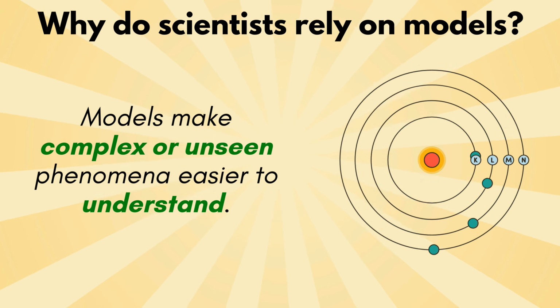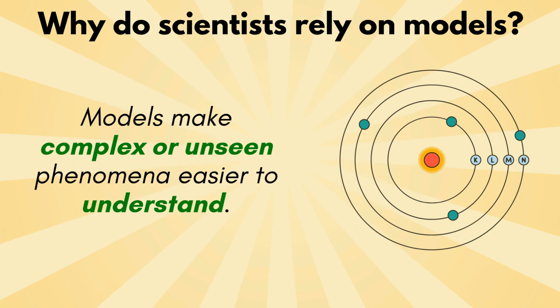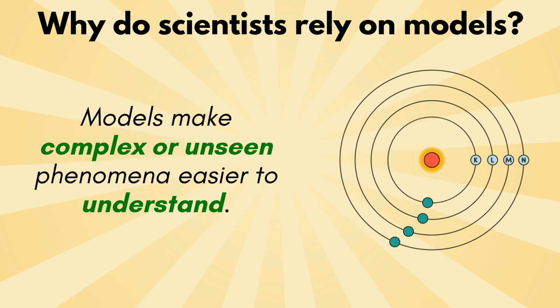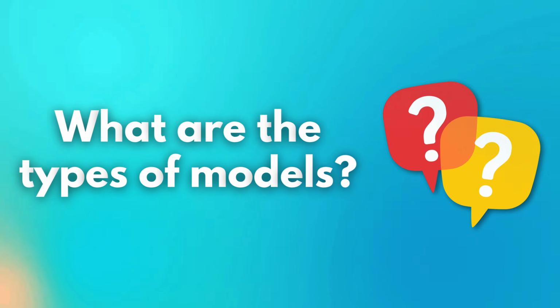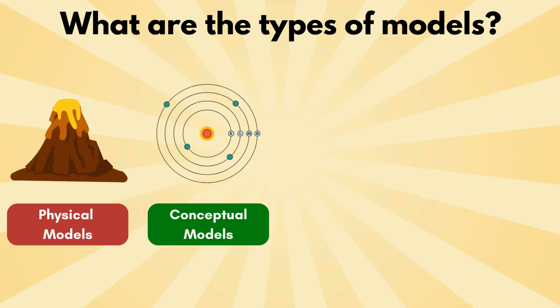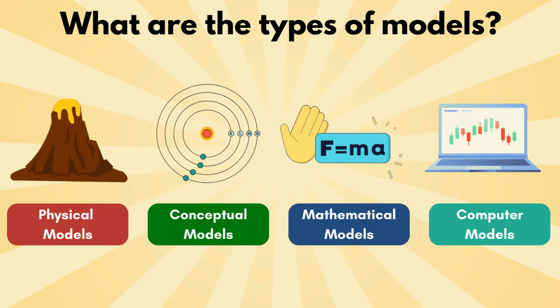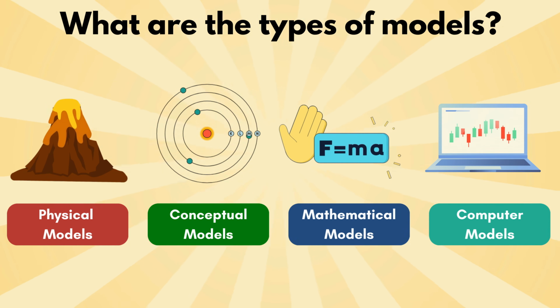They allow us to imagine possibilities, test predictions, and communicate complex ideas clearly. Now, scientists use many different types of models, and we can group them into 4 broad categories: physical models, conceptual or visual models, mathematical models, and computer models. Let's go through each one of them.